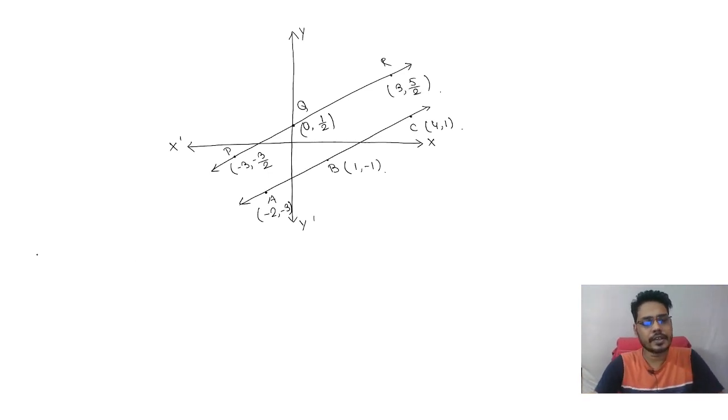Now it is clear that the two lines never intersect each other. That means they are parallel.